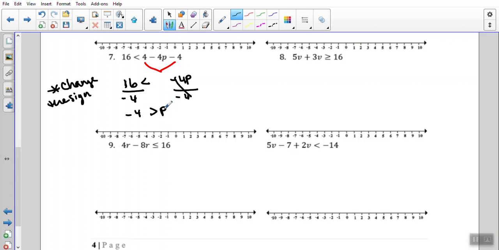And then I don't want the p on the right side, I want it on the left side, so I'm going to change this again to p, but then change the sign again. It's negative 4. So my answer is p is less than negative 4. Going to go to negative 4, put an open circle, and then we're going to shade to the left.